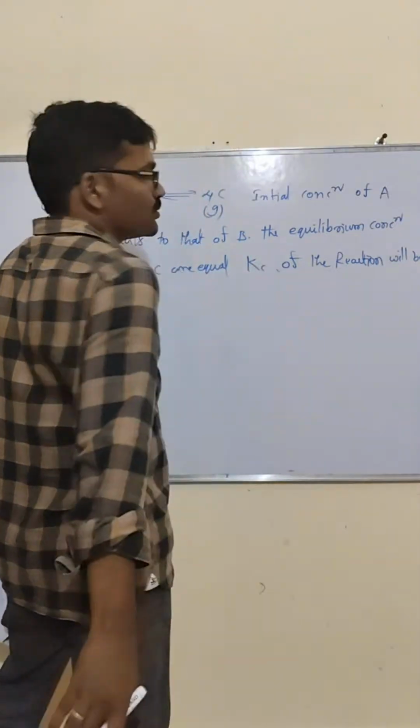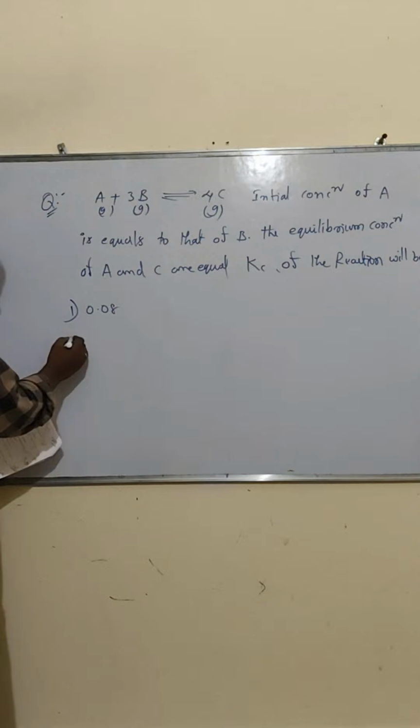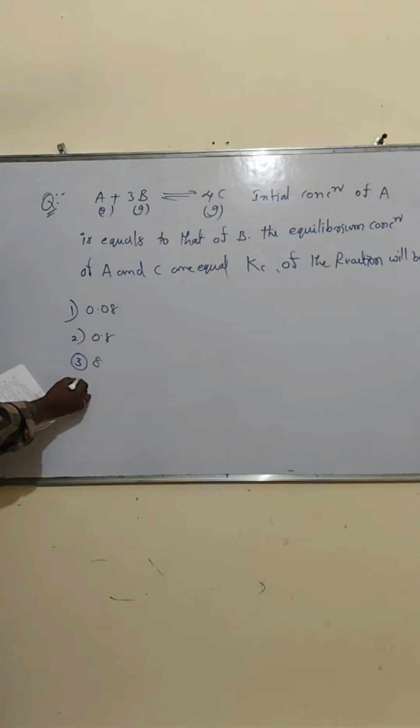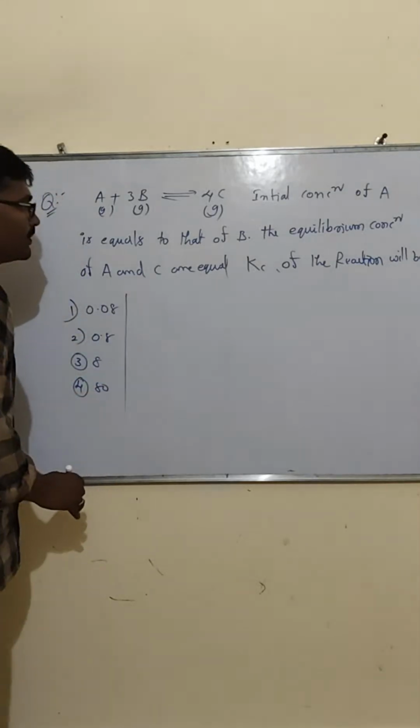This is the question, my dear students. See, look at the options. Option 1, 0.08, option 2, 0.8, option 3, 8, option 4, 80. See, observe the question carefully.